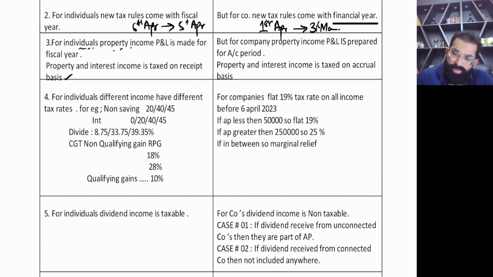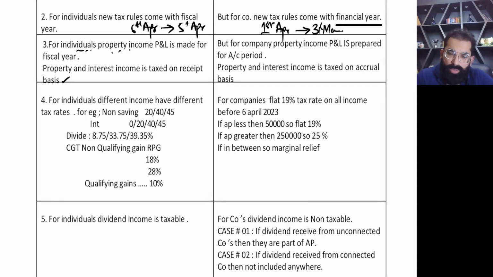Then, very important. For individuals, different incomes have different tax rates, like non-savings income 20, 40, 45. Interest income like 0, 20, 40, 45. There is a 0 to 5,000 band as well. Then for dividends, see the 8.75, 33.75 and 39.35. For CGT, there are different types of CGT, RPG, QG, NG, and so on, right?